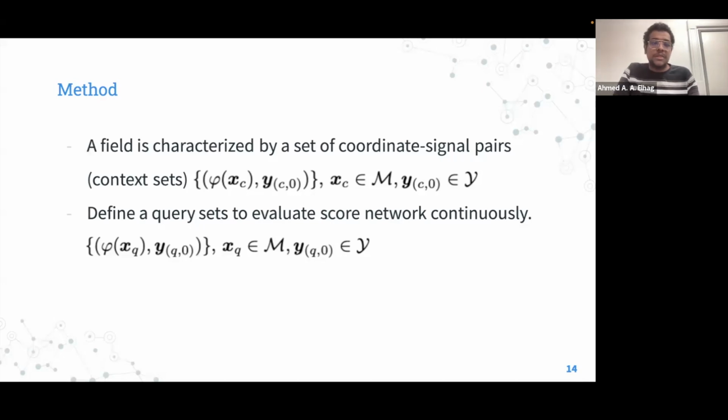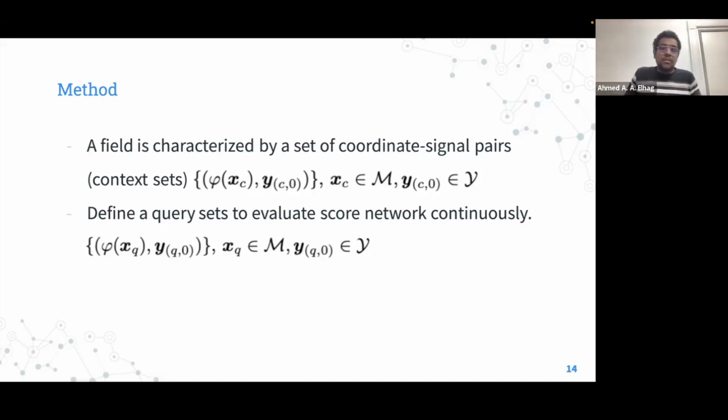Assume your signal space is Rn. Maybe if you have RGB colors, it's R3. And then for M, you have a vector in Rk for every vertex or every node. So you have a function going from Rk to Rn.